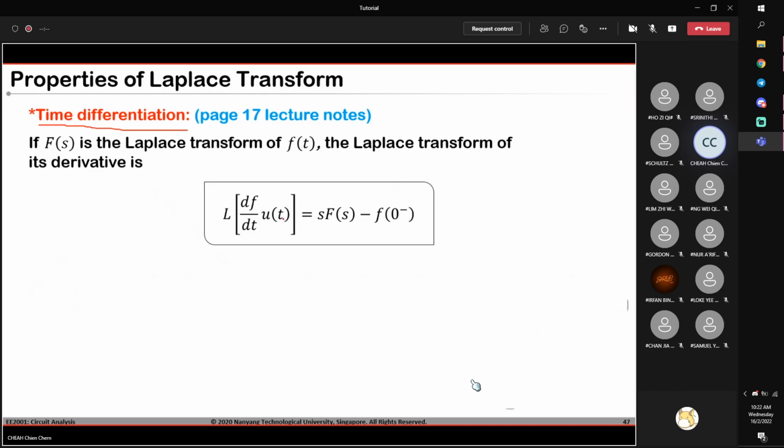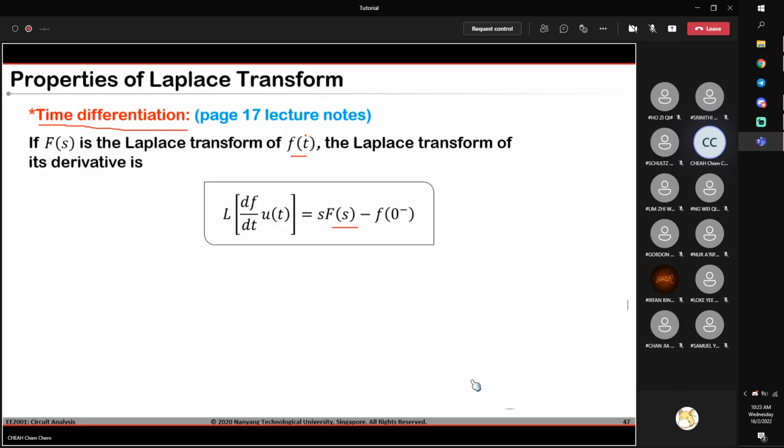Now, take note that if I want to take the Laplace transformation of a signal f, it is F(s). But if I want to take the Laplace transformation of the differentiation of this signal, it is actually sF(s) minus the initial condition. This is important because it means that to find the Laplace transformation of the differentiation of the signal, you need not differentiate the signal in the time domain.